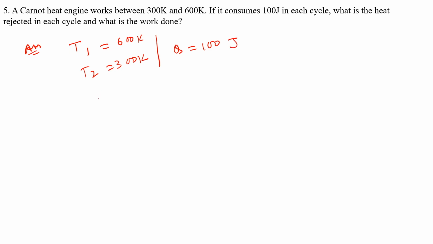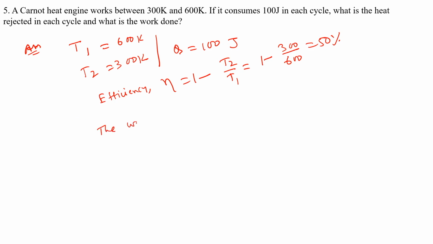Okay, so efficiency eta is 1 minus T2 by T1. So you get 1 minus 300 by 600, so you get 50%. The work done is related to eta as W by Q1.